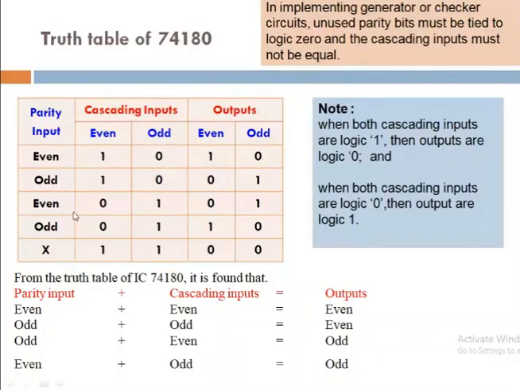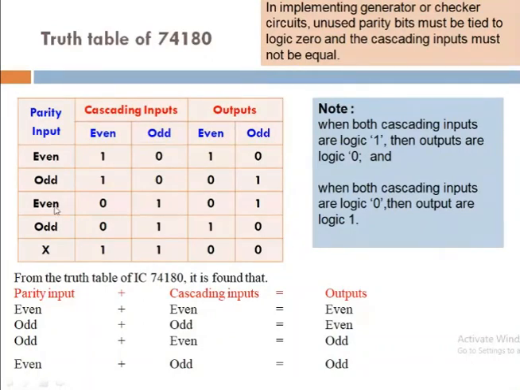Okay, now our logic is saying, whatever logic we have studied, when the combination is even, the output bit is 0. When it is even-odd or vice versa, the output bit is 1. Now it depends on the cascading inputs. We can verify here: when the combination is even-even, the output bit is 0. When the combination is odd-odd, your output bit is 0.